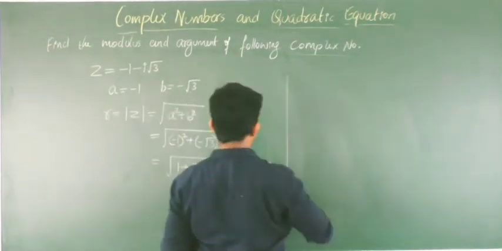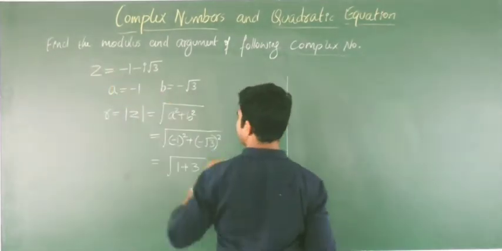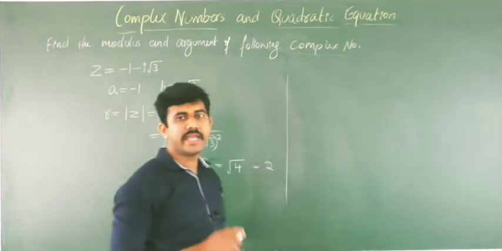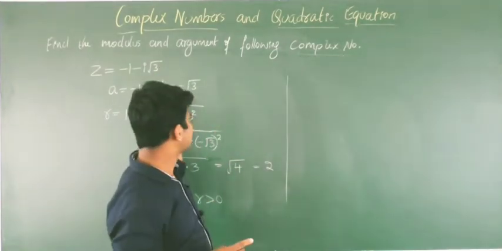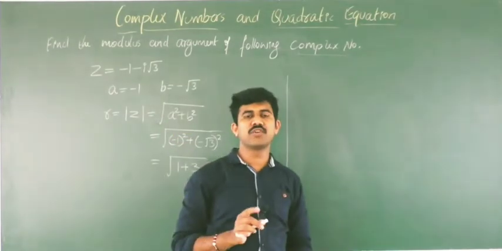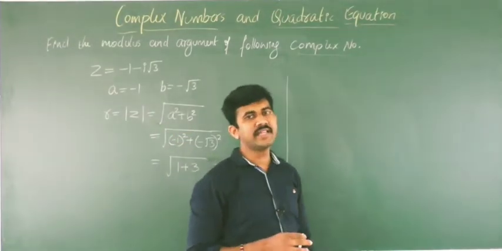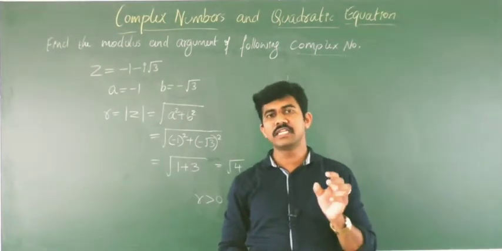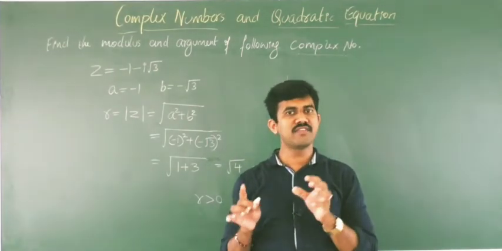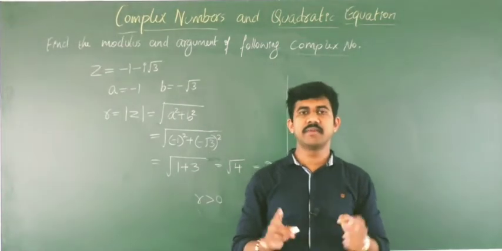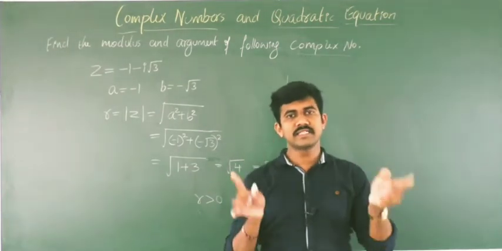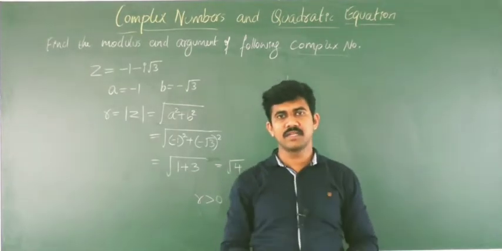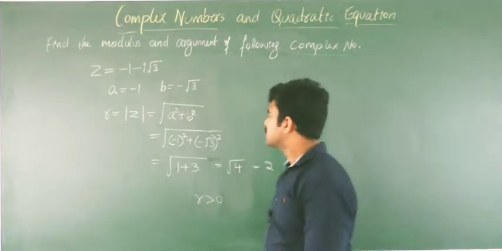Now to find the argument of this complex number, first we have to check which quadrant the complex number lies in. Here a is negative and b is negative, which means the complex number lies in the third quadrant. So to find the argument, we have to find theta minus pi, or minus of pi minus theta; both are the same.